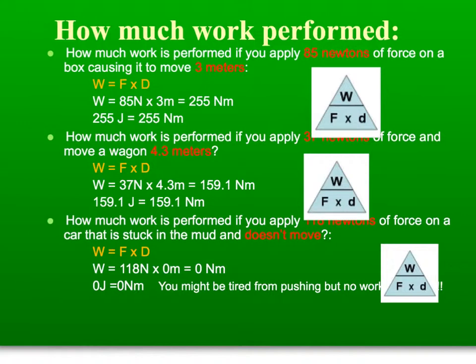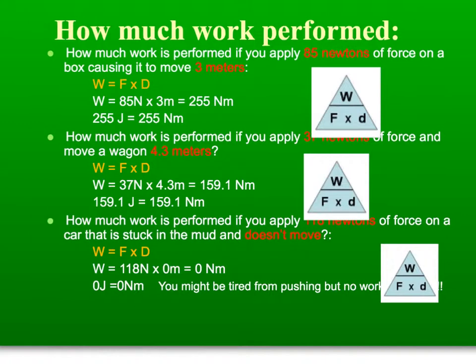How much work is performed if you apply 85 newtons of force on a box causing it to move 3 meters? Now, the key thing for understanding these problems is to understand what unit each of the components of the equation are in.